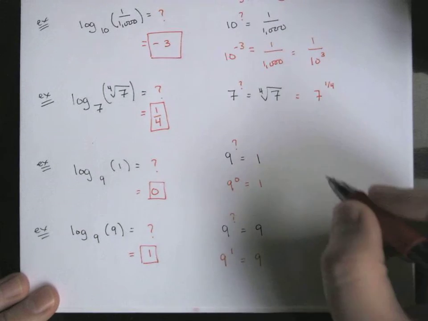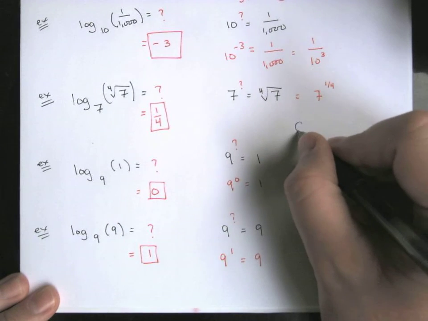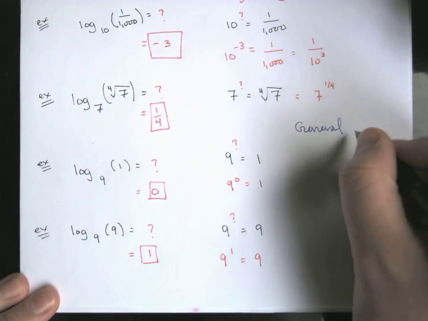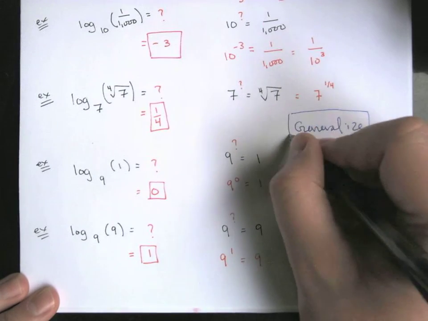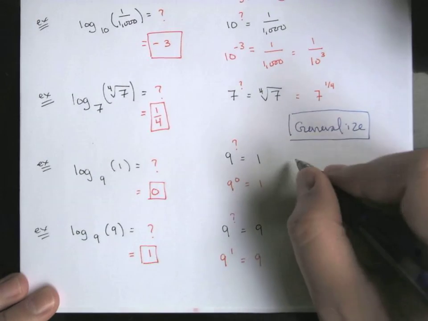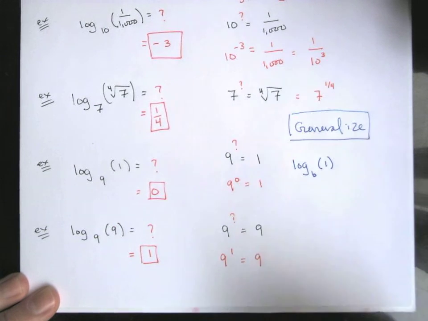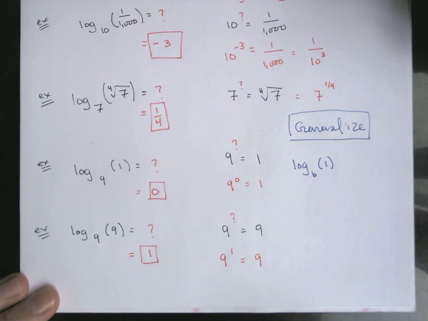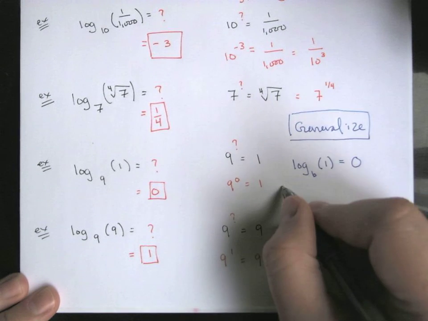We could generalize both of those a little bit. We'll do that as a last thing here. The idea is if I've got the log base b and I'm trying to end up at 1, the only exponent that's going to work is 0.